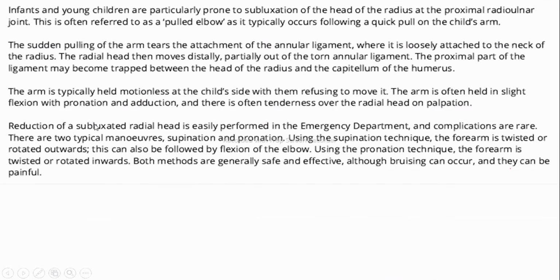So reduction of subluxed radial head is easily performed in the emergency department. Two typical maneuvers, supination and pronation. Using the supination technique, the forearm is twisted or rotated outwards. Pronation technique, the forearm is twisted or rotated inwards.